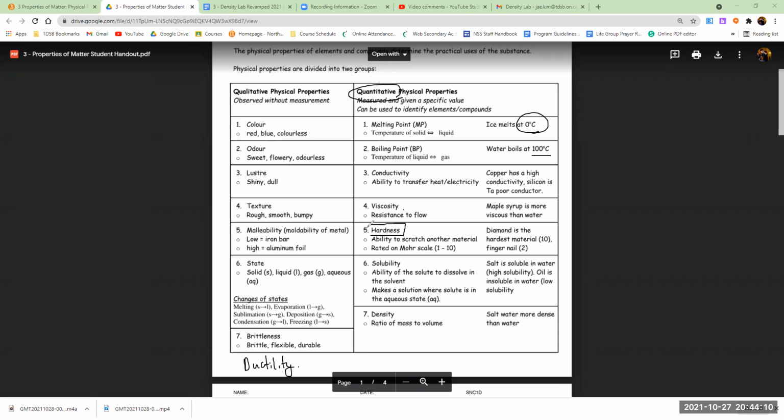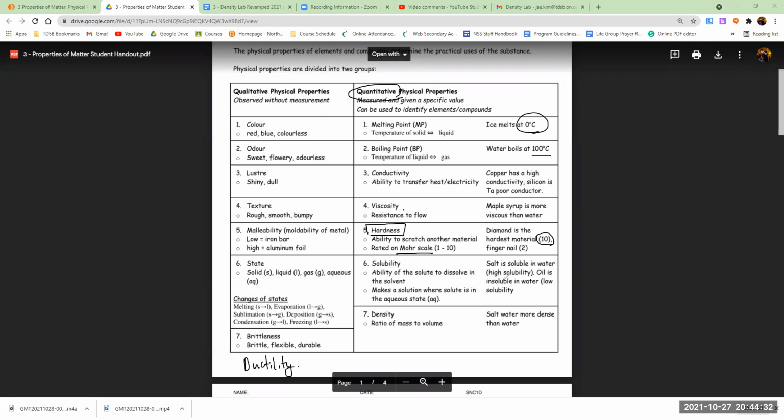Hardness, there actually is an official scale called the Mohs scale. And relatively speaking, diamond being the hardest material is rated as a 10. So anything just as hard as diamond or close to diamond will be a 10. A fingernail is considered a 2. So you're going to have to use your imagination a little bit to see what number that might be.